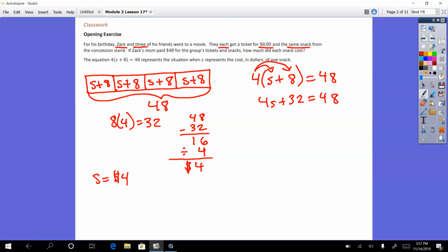So just like we did when we had the tape diagram, the first thing we did was we subtracted 32 from the 48, because on the left side of that equal sign, positive 32 and a negative 32 are additive inverses. So that leaves me with 4s plus 0 equals 16. And we know that 4s plus 0 is just 4s.